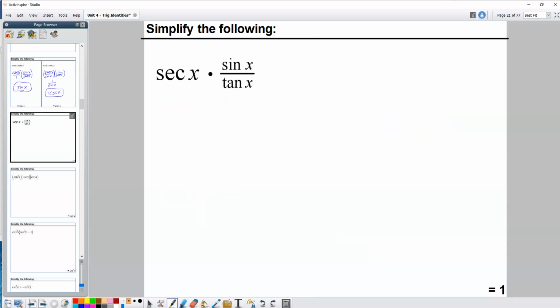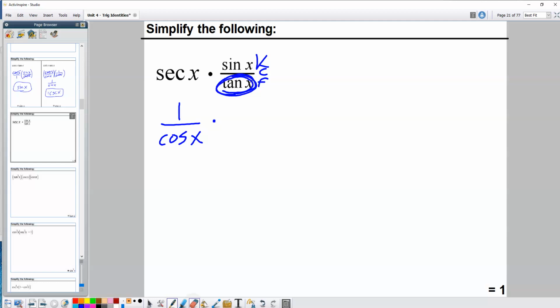All right. I'm going to multiply a little bit here. There are several different ways you could go about this. I'm just going to do one of these ways. Secant of x, let's rewrite that as 1 over cosine of x. You could also change tangent of x to sine over cosine if we wanted to, and then flip this, sine over cosine, down here.